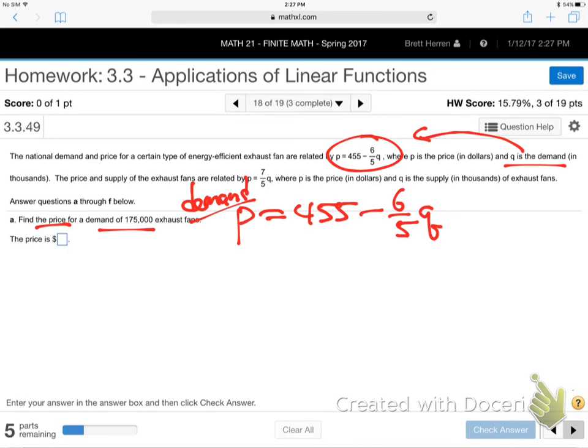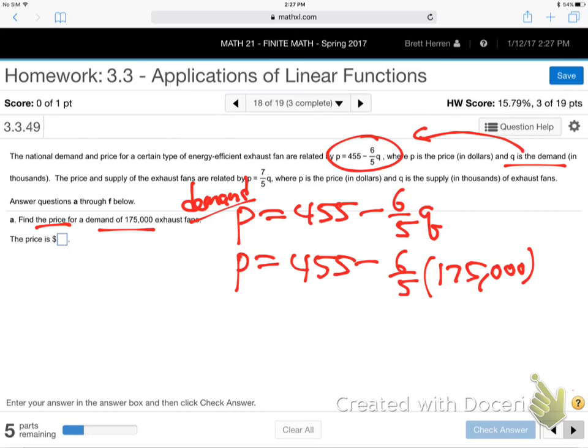And they're telling me find the price for 175,000 fans. So find what P is when you plug in a quantity Q of 175,000 fans. If the market demanders are demanding 175,000 fans, what must the price be? Do you guys have a calculator?